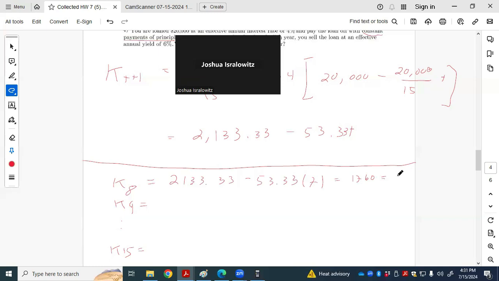So that makes it 18 minus 53. So I'm adding it and subtracting it. And this next one is going to be this minus 53.33. So it's the same thing here, minus 53.33 times 2. I'll just do this next one.